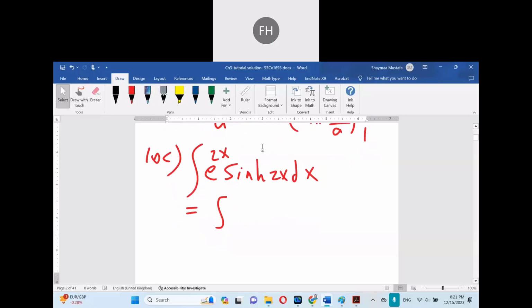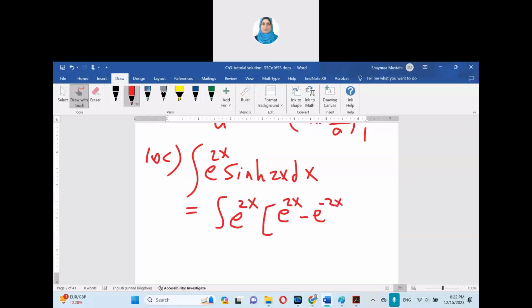By parts, yes. Any other idea? Okay, you can use by parts. You can use tabular. But what about converting sinh 2x to its definition? Because sinh 2x is equal to e to 2x minus e to minus 2x over 2.